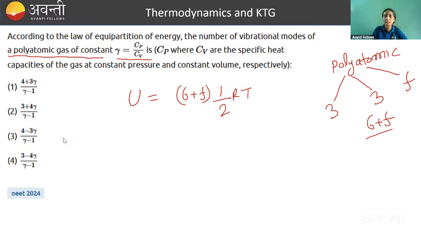And we have learned already, the internal energy change formula is always written as nCv delta T. So U को हम क्या लिख सकते हैं? nCv.